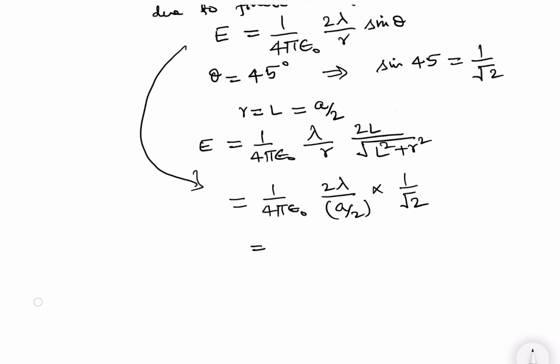Which gives E is equal to 1 by 4 pi epsilon naught, square root 2 q by a square, since q is equal to lambda into a.